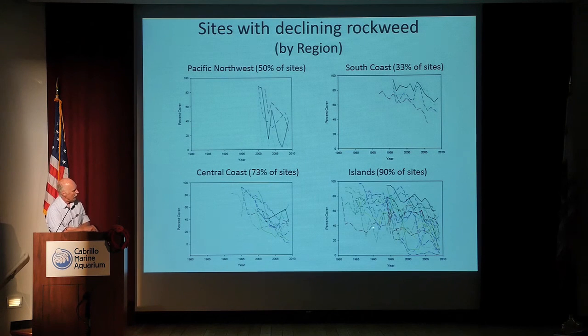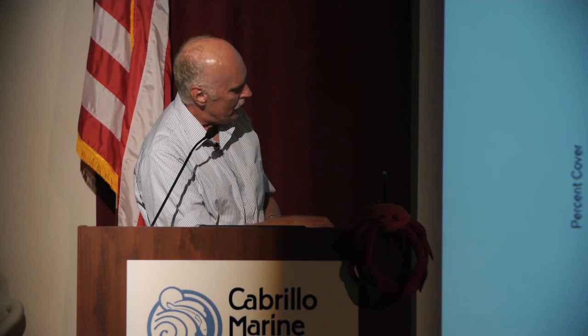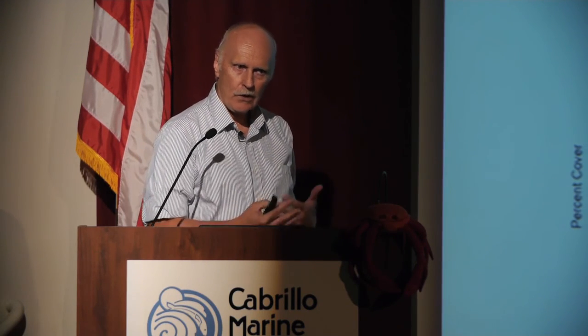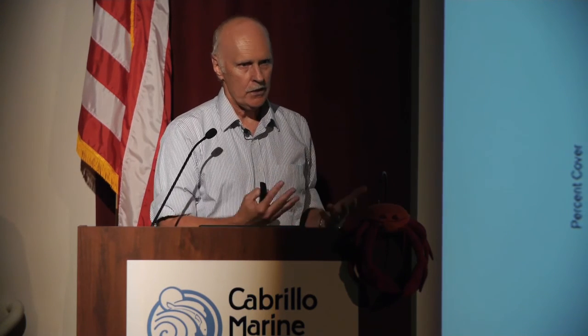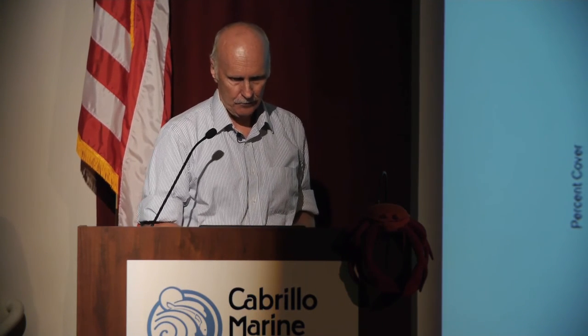Now, the declines happen, there's different trajectories on different sites, which is, I think, why we didn't really notice it. If we went out one time and all the sites were missing rockweed, we would have known something was going on. But some sites started missing rockweed back in 1980, and other sites started missing rockweed in 2005. And so there's lots of variation in terms of when it happened, but it's a very consistent loss of rockweed.